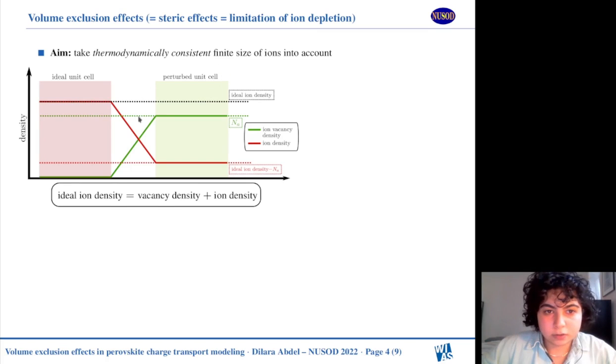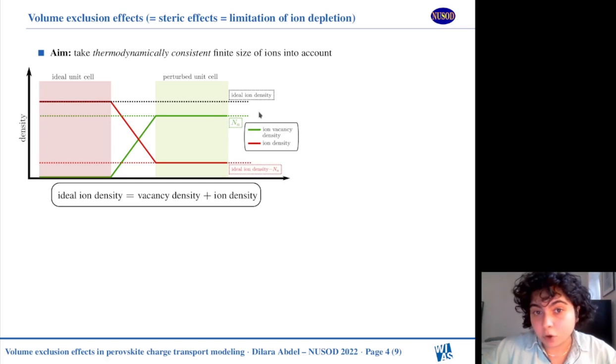Looking closer at the green area, showing the densities for a perturbed unit cell with defects, the boundedness of the vacancy density implies that a lower bound for the ion density exists. Thus, we limit the ion depletion by limiting the ion vacancy saturation.